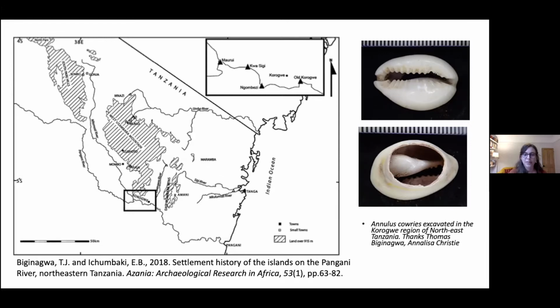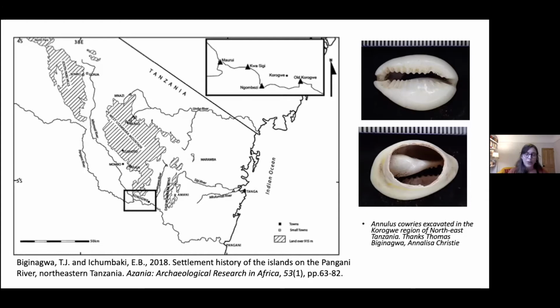Of course, more research into these cowrie shells will help us pick apart trends and similarities. For example, the earlier picture I showed of cowrie currencies might be quite different to how cowries would have been used in the 18th century. And that's something that we're working on.